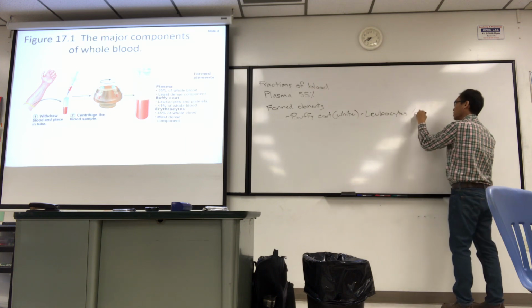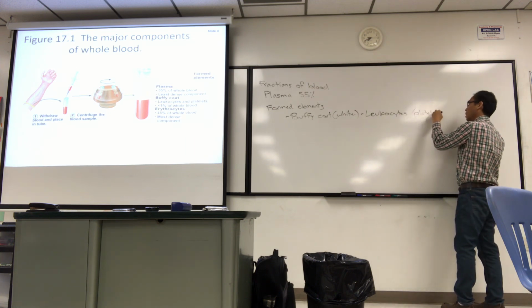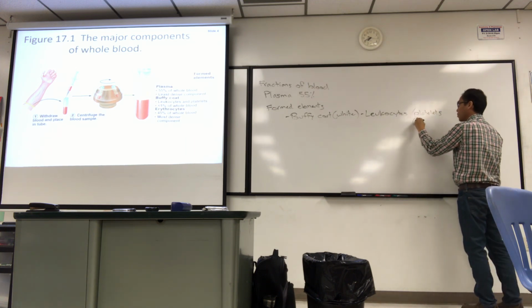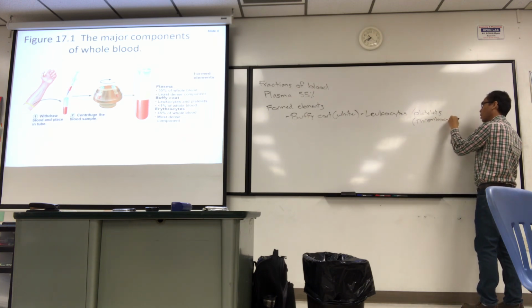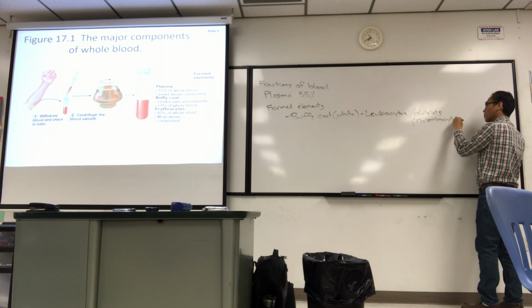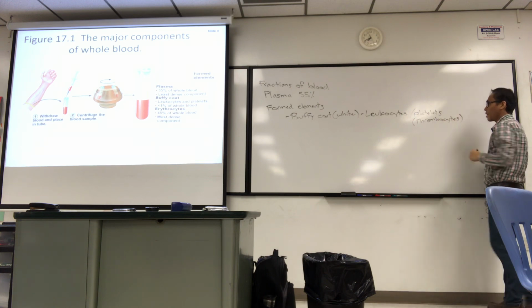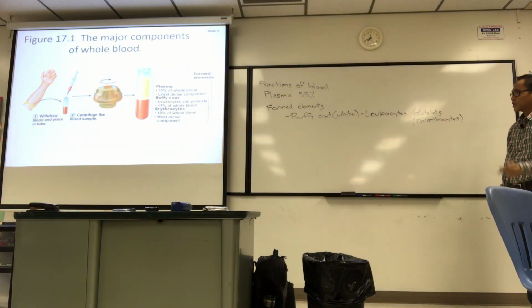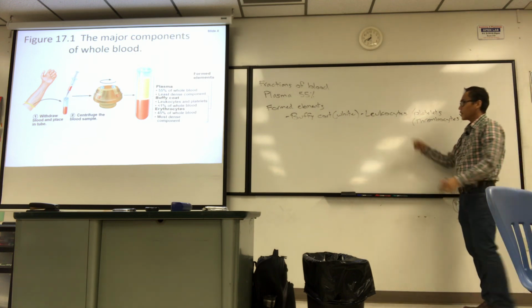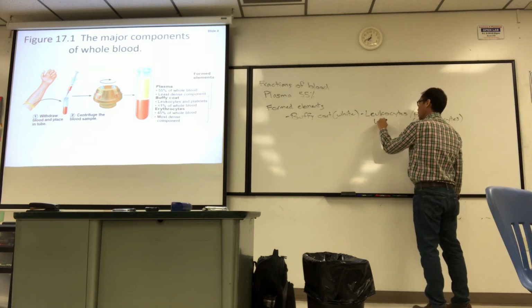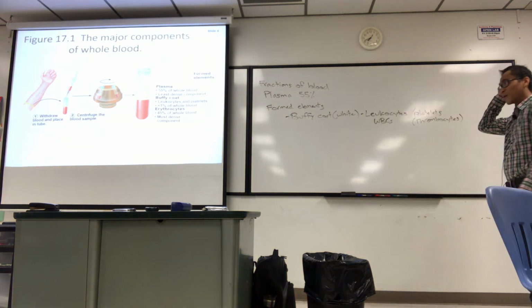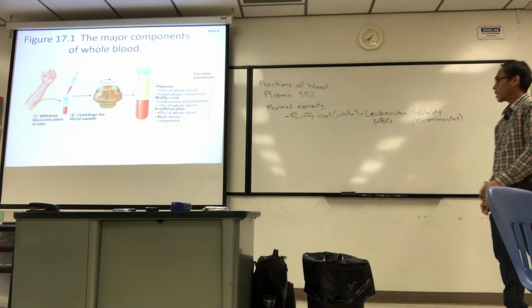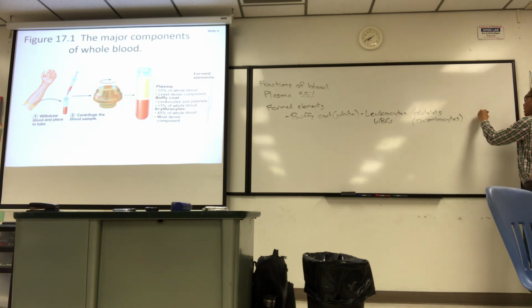Platelets are also known as the thrombocytes. Thrombo means thrombus, a blood clot. They help initiate blood clotting. I'll teach that in another lecture. Leuko means white, so WBCs for white blood cells is another alternate name. It's a very small percentage of whole blood, less than 1%.